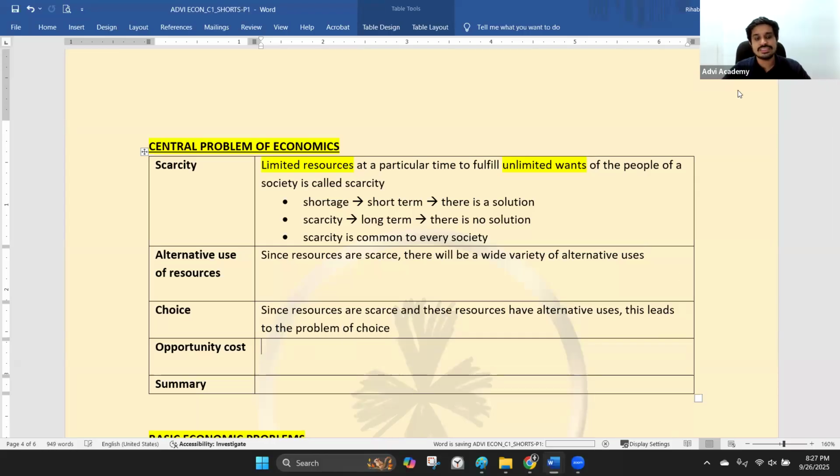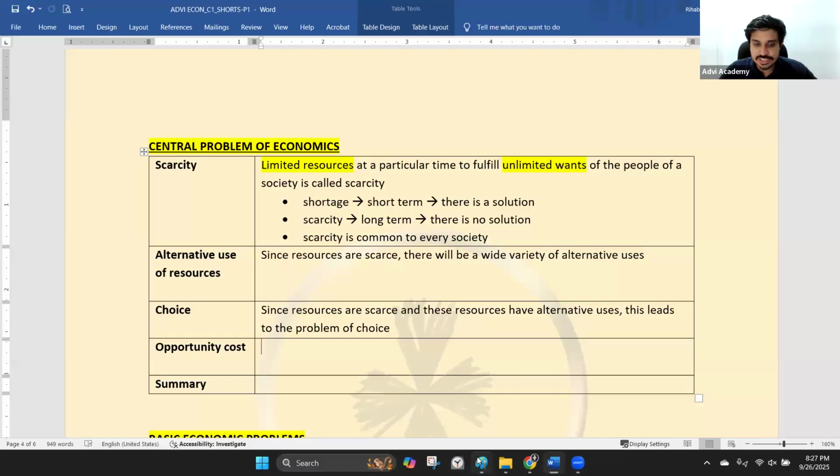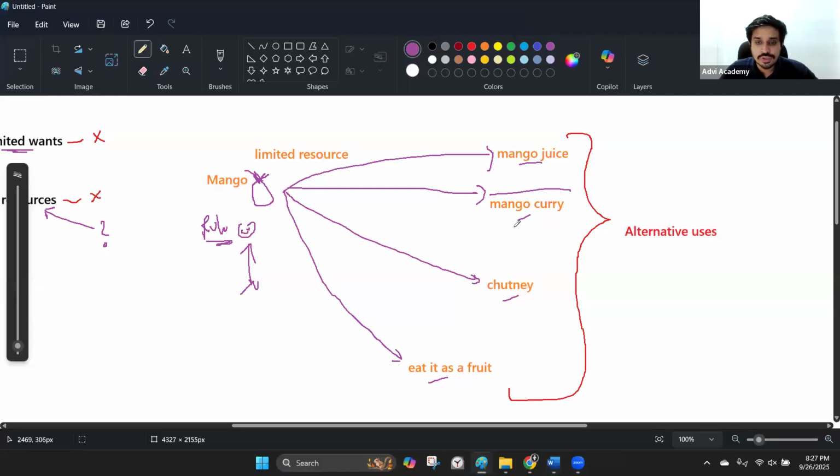Now the problem is the moment he picks one, that is where we come into the next category of opportunity costs. The moment he decides, okay, I want to go with the mango curry here. He picks this. His choice is this. And the moment he decides this is my choice, he's sacrificing the juice, the chutney, and the fruit.